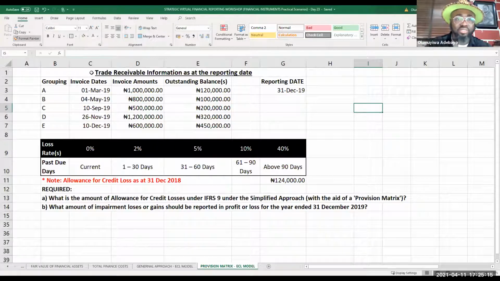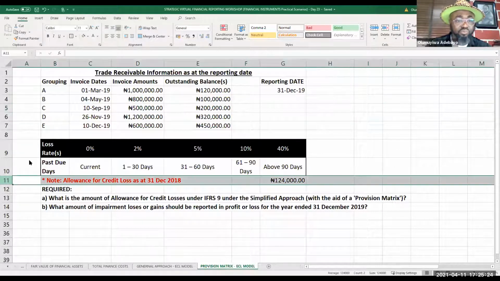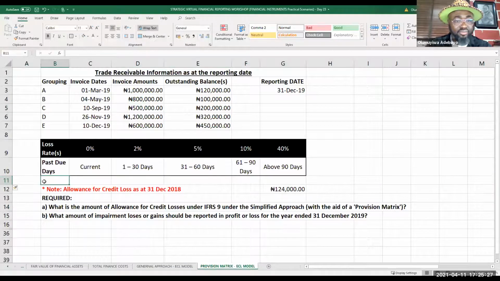Now, let us interpret these ones. What is the grace period? I think I omitted that. Take note of the following.